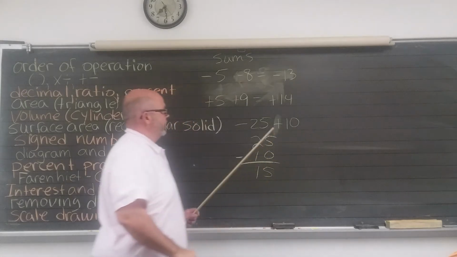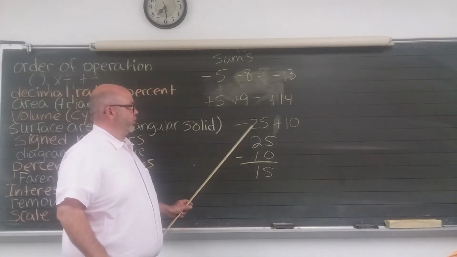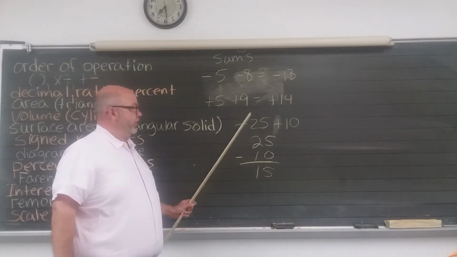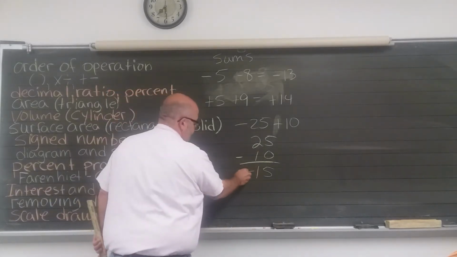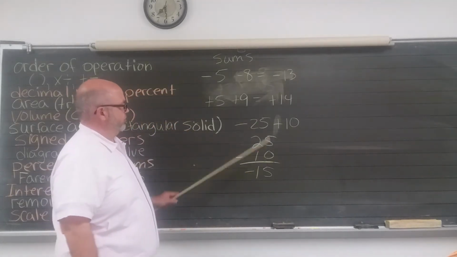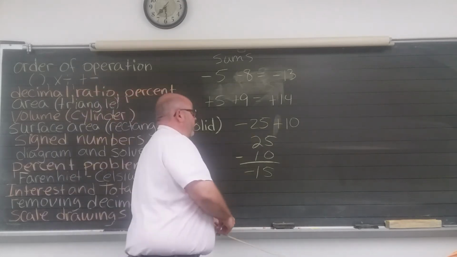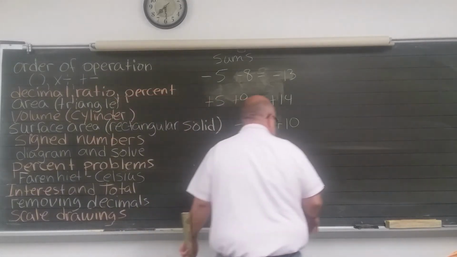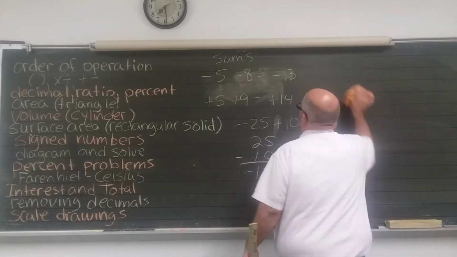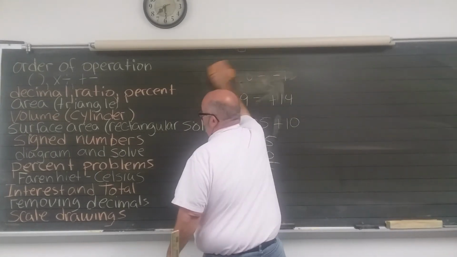And you put the sign of the largest value by it. So because the 25 is a negative and the 10 is a positive, the answer has a negative. All right, make sure you know how to do that.